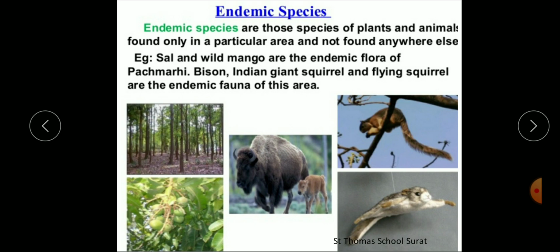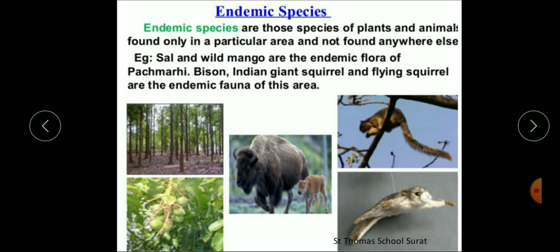Next, endemic species. Endemic species means what? They are restricted to a certain place. Endemic species means those species of plants and animals found only in a particular area and not found anywhere else. It is not commonly found anywhere.